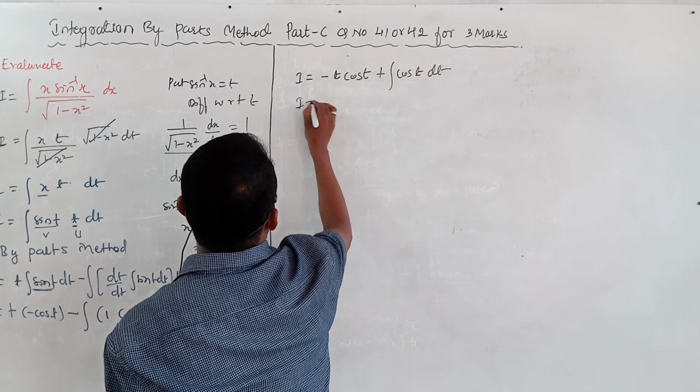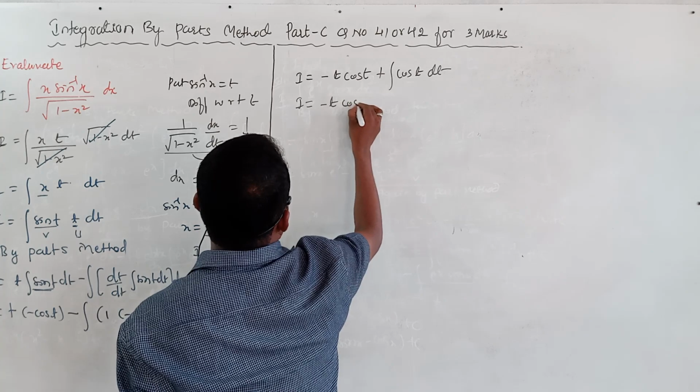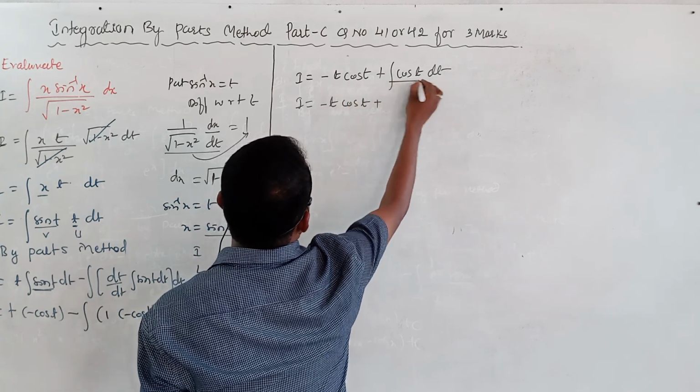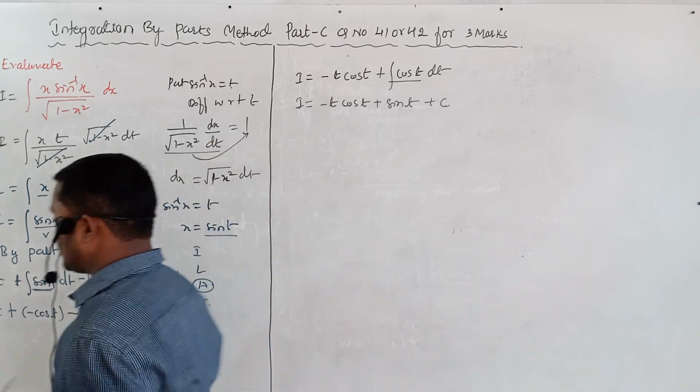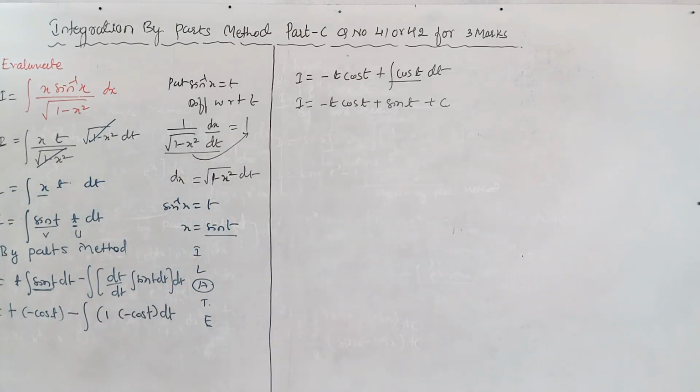Then I is equal to minus t cos t, integration of cos is sin t, plus c.